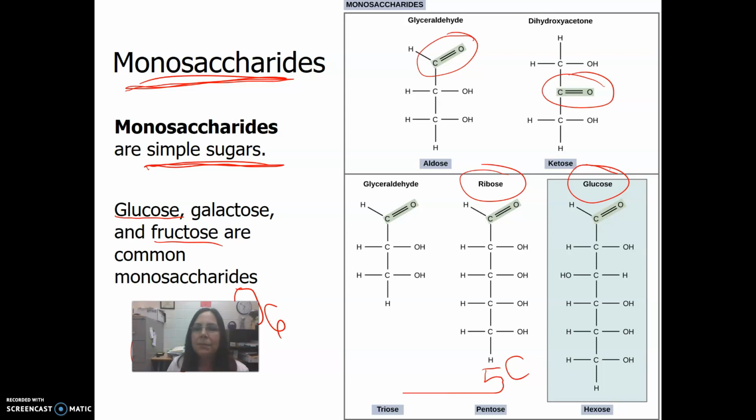So if you look down at the bottom, all of the sugars that are shown here, glyceraldehyde, ribose, and glucose, are aldose sugars.